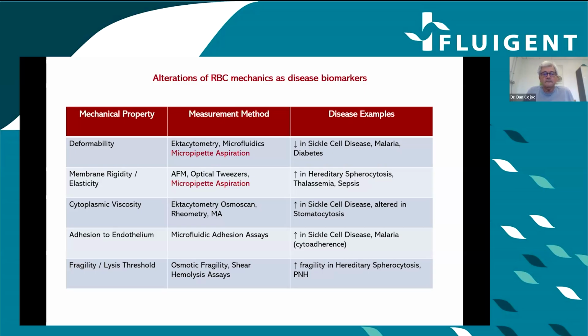Membrane rigidity or elasticity, again measurable by micropipette aspiration, can be used as a biomarker in hereditary spherocytosis, thalassemia and sepsis. Another mechanical property is cytoplasmic viscosity, and also adhesion to endothelium, and fragility, the lysis threshold.